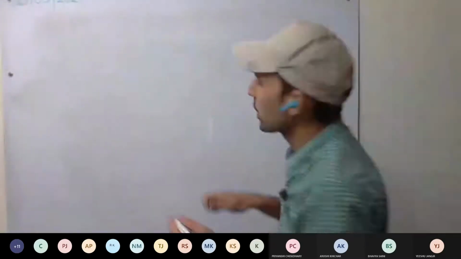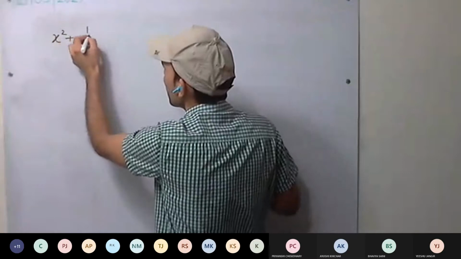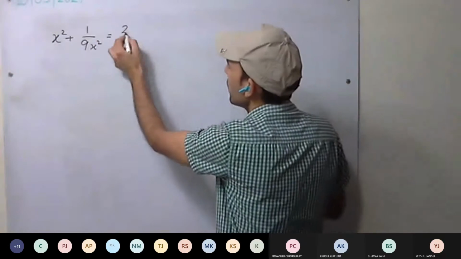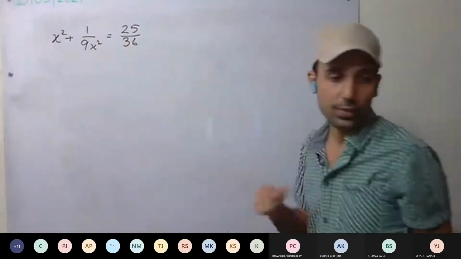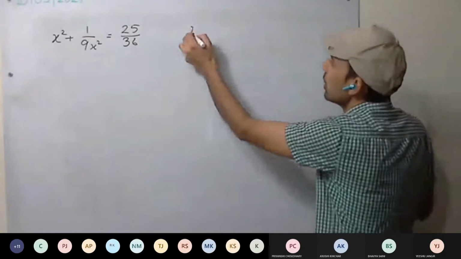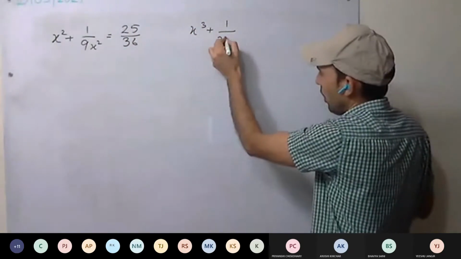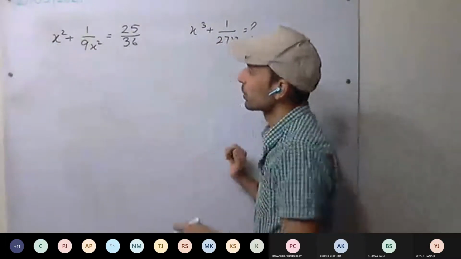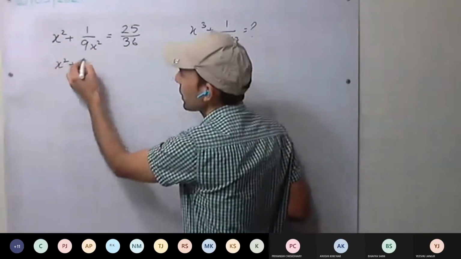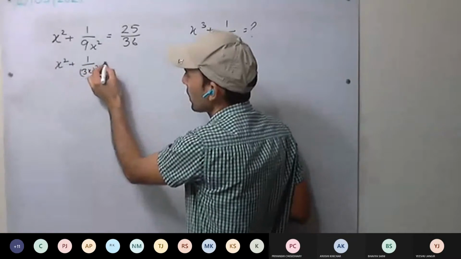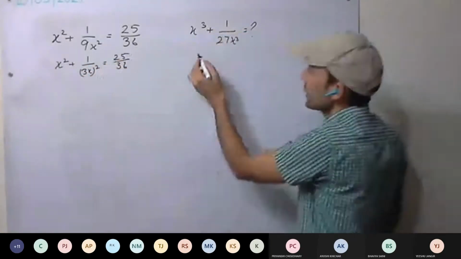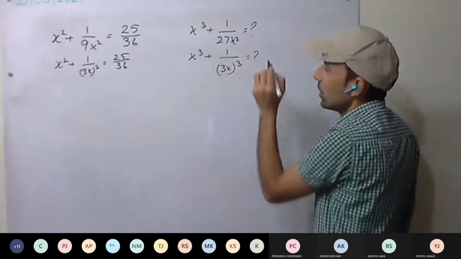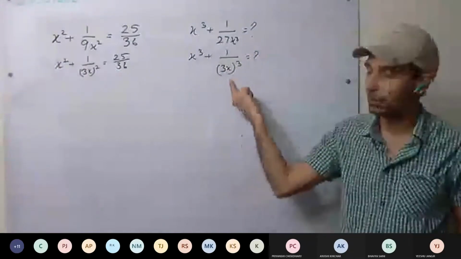It is given as 25 upon 36. And what we have to calculate is x cube plus its value. Anyone in class, how can we proceed? Or we can write it like this as well, x square plus 1 upon 3x the whole square. How can you proceed? Anyone in class? This is being provided, we have to calculate this one.